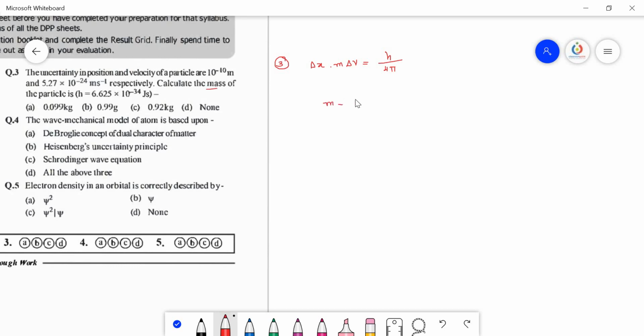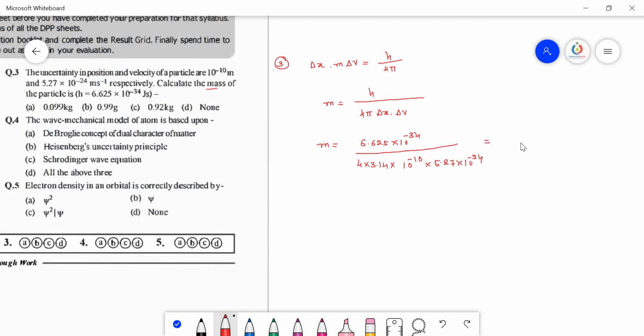So directly m equals h divided by 4 pi delta x into delta v. Let's substitute the given information here, that is 6.625 into 10 power minus 34 divided by 4 into 3.14 into delta x value, 10 power minus 10, into the remaining uncertainty in velocity, 5.27 into 10 power minus 24.